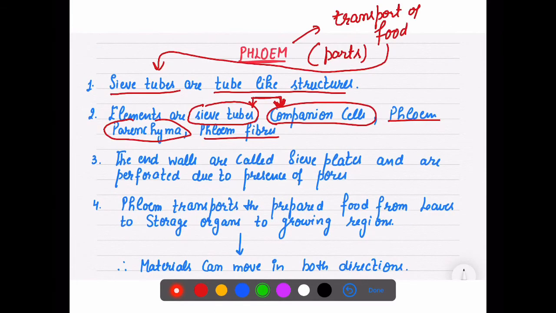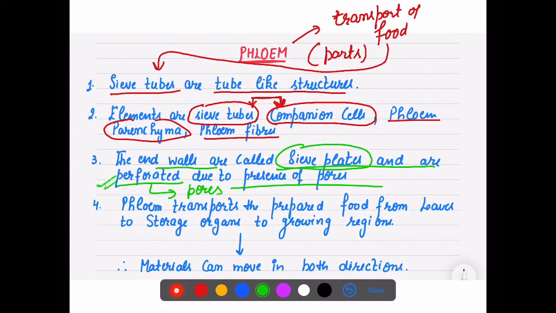These pores help during the transportation of food. So the end walls in sieve tubes are known as sieve plates, and they are perforated, meaning they have pores.